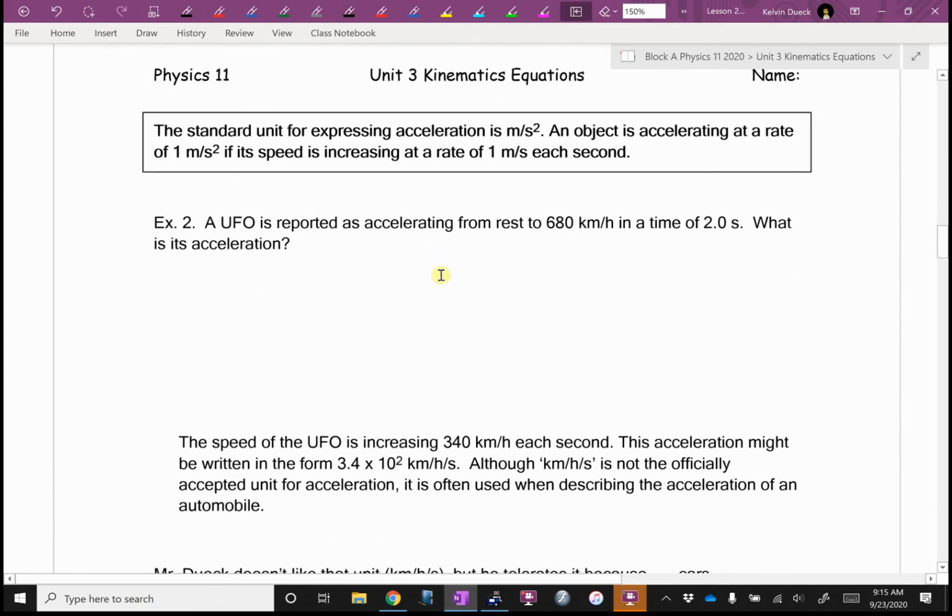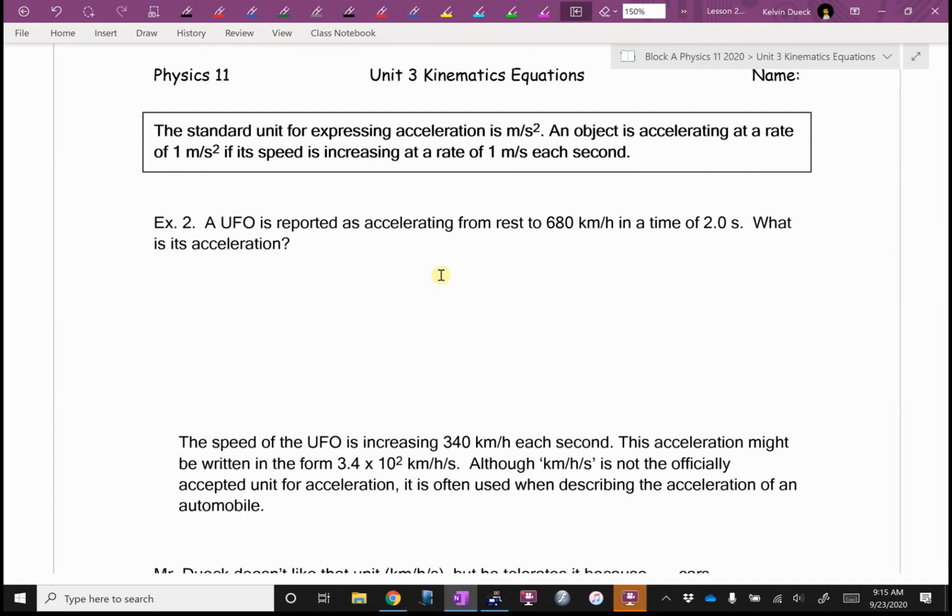Turn the page. The SI unit for expressing acceleration is meters per second squared. Meters per second per second. So if an object is accelerating at 1 meter per second squared, its speed is increasing in the forwards direction 1 meter per second every second.